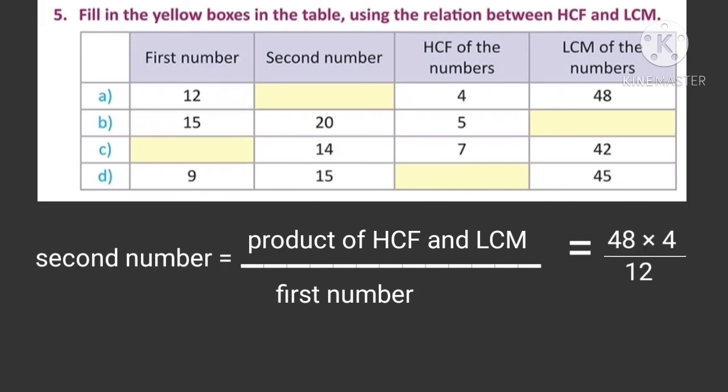Here first we have to find the product of HCF and LCM, that is 48 into 4 divided by 12, which equal to 192 divided by 12, which equal to 16. Therefore, second number is 16.